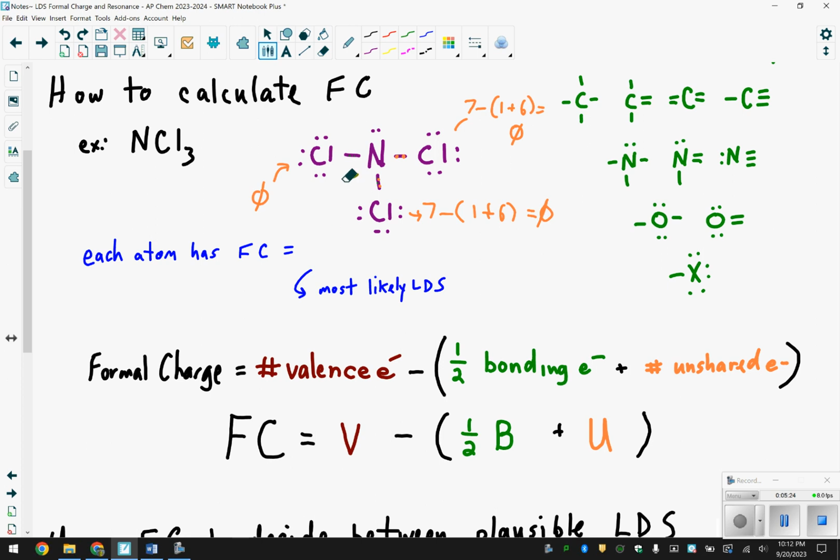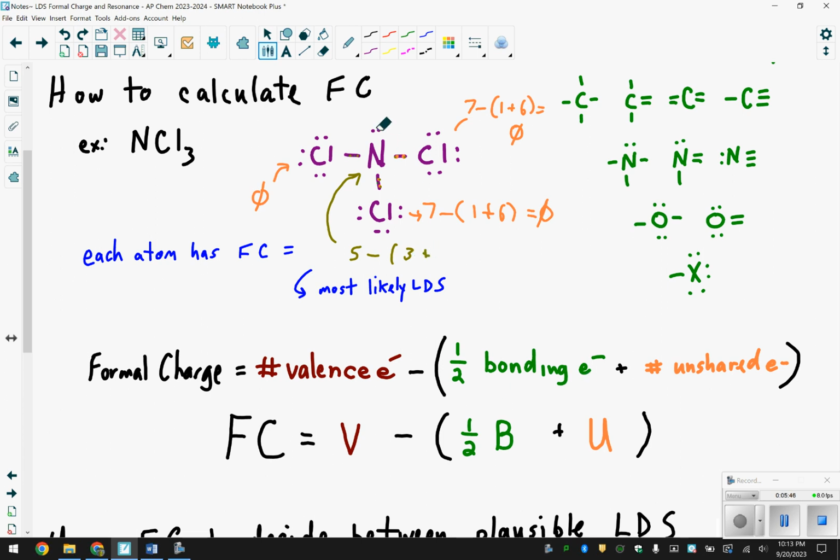Kind of draw the arrow like this. So nitrogen starts out with 5 valence electrons. I'm going to subtract from that 1, 2, 3, 4, 5, 6 divided by 2, or 3. So half the bonding electrons on that nitrogen is 3.